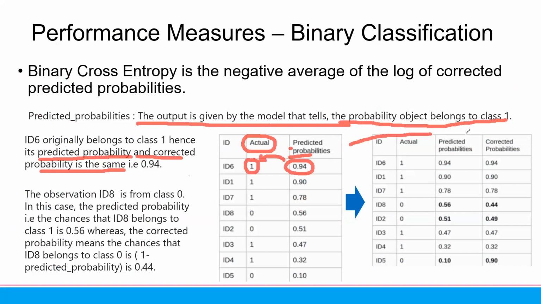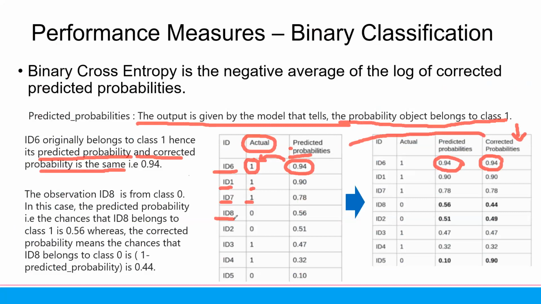So I can create the corrected probabilities column, which is the same as the predicted probabilities. Now, ID6 and ID1 are also the same. The actual is 1. ID7 is also the same. The actual is 1.